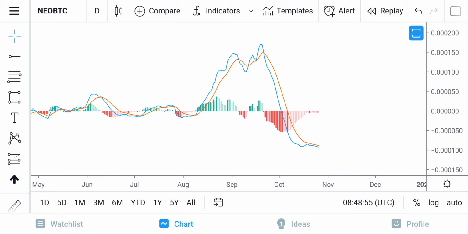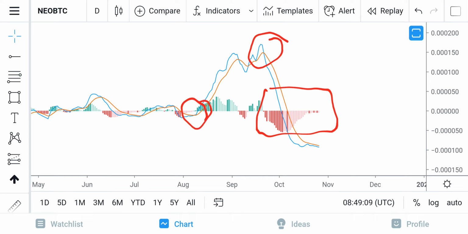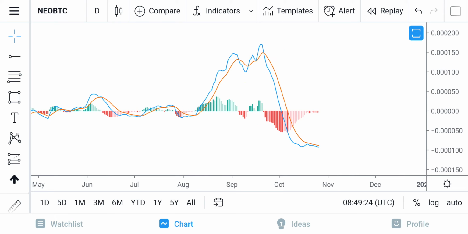So each time you have a bearish cross, that is the blue line crossing below the orange line, the histogram is going to turn red, telling you that sellers are taking control. But when you have the bullish cross, that's the MACD line, the blue line, crossing above the signal line, the histogram is going to turn green. So that's it about this indicator.